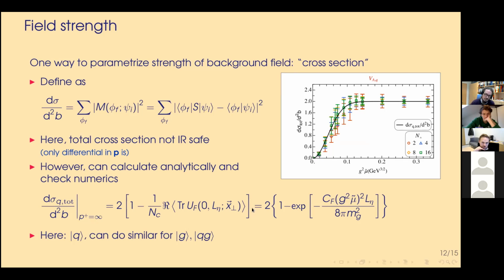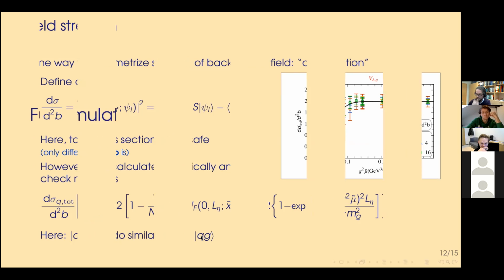It is just not really physically meaningful, but it's a good check of the numerics that our points have some scatter, but they more or less lie where we suppose they should be. This is for the quark; you can do a similar thing for quark-gluon.